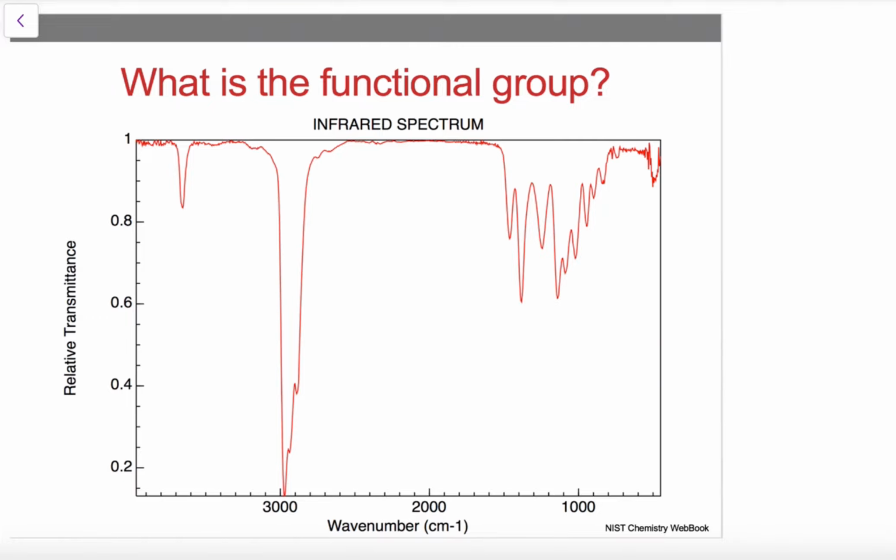For instance, in this spectrum, this is also an alcohol. We do not see the broad OH stretch. However, it is still there, because we still have the OH stretch, and then we also have our carbon-oxygen stretch. But what accounts for the difference really is how the sample is prepared.